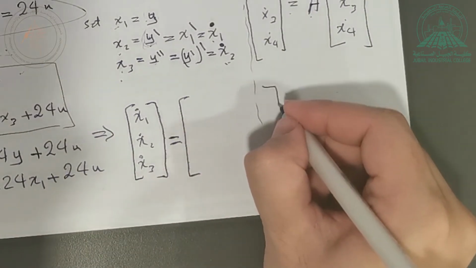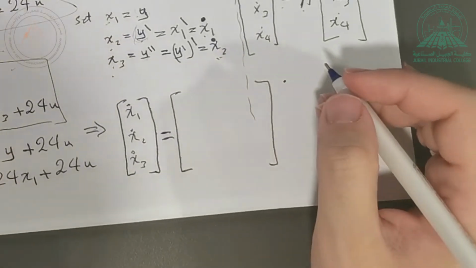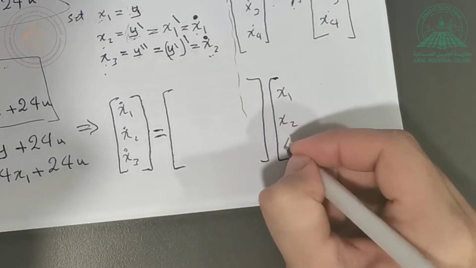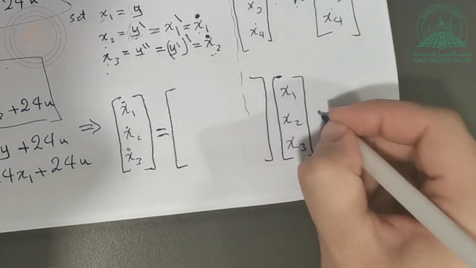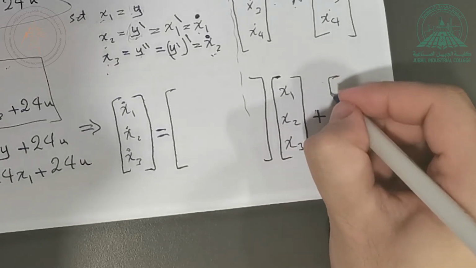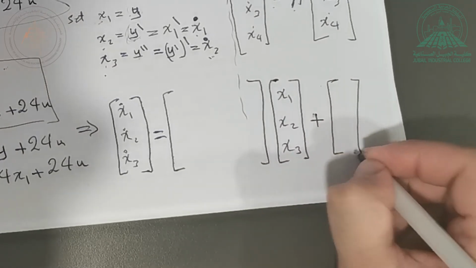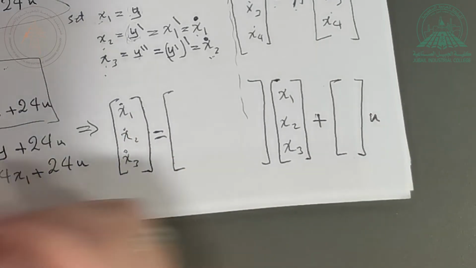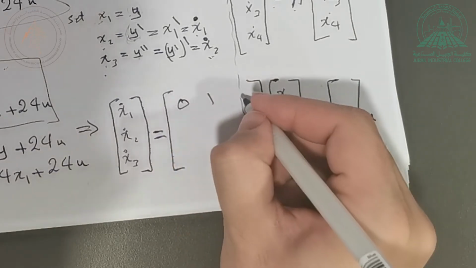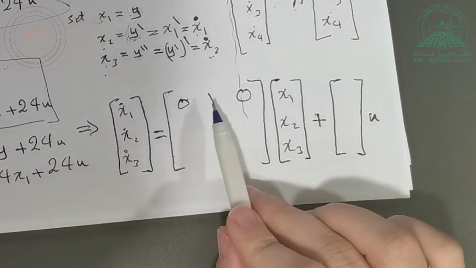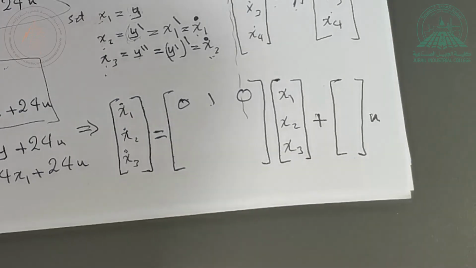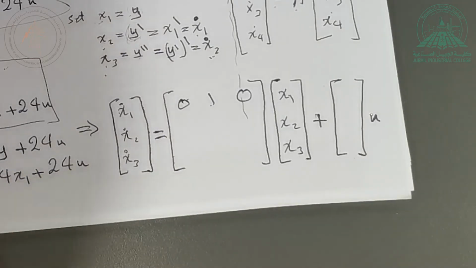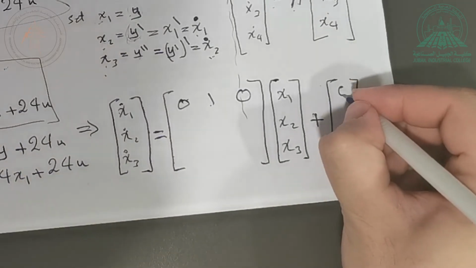Remember, this is going to be something like this, multiplied by x1, x2, x3 in this order, plus something multiplied by the input u. What is x1 dot? x1 dot is equal to x2, so it's 0 1 0, right? 0 x1 plus 1 x2 plus 0 x3. So basically x1 dot equals x2. How much u do I have here? Nothing. There is no u, right? So what do I put? Put 0.